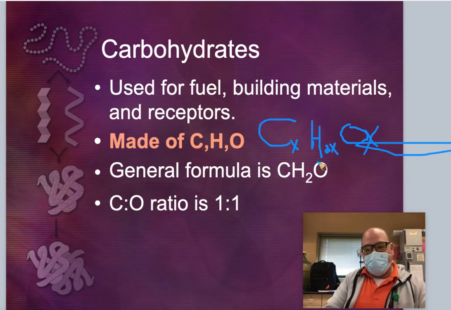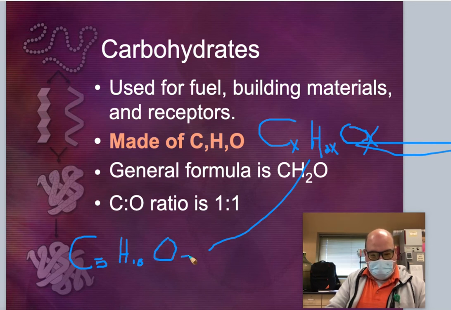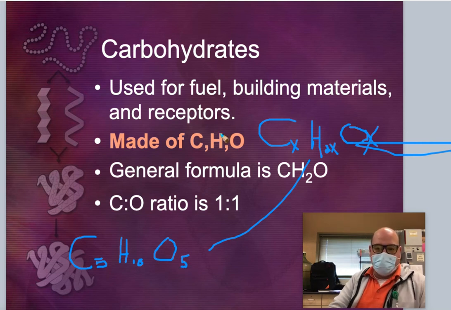So if you plug a number in here, let's just go with 5. That'd be C5. And 5 times 2 is 10. So H10. And the X on the oxygen and the X on the carbon have to be the same. So it'd be O5. So that's the general rule of thumb for is it a carbohydrate: if it has the same oxygen as it does carbon and double the hydrogen.